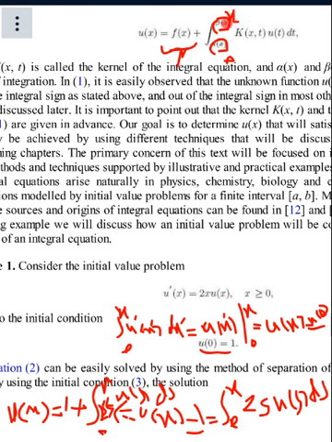Instead of beta of x, we have x. Instead of k of x and t, I put s here, but you can consider t. There is no difference because this is a variable, and whatever you want you can name it. So instead of k of x and t, we have 2t times u of t dt.